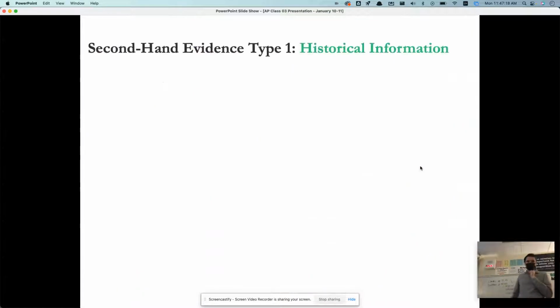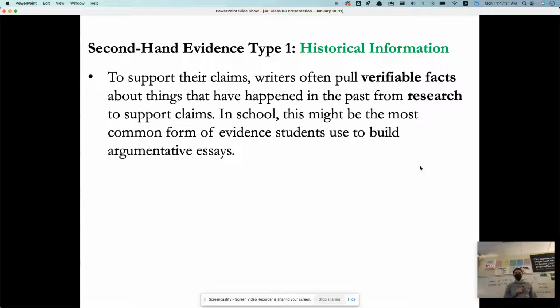All right. Secondhand evidence. There are three kinds. The first two are really straightforward. The third one is sort of funky. To support their claims, writers often pull verifiable facts about things that have happened in the past from research. When I say things that have happened in the past, I mean that in the most liberal possible sense.